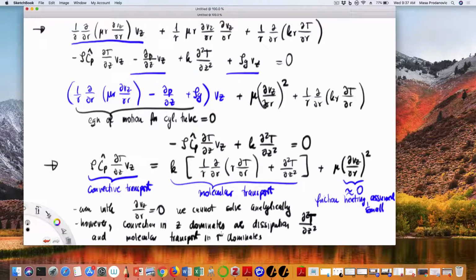No, in r dominates d squared T dz squared as well. And this is because of boundary conditions, right? Have we deciphered? This is how I wake you up. You gotta decipher what I wrote down, otherwise you would just fall asleep.